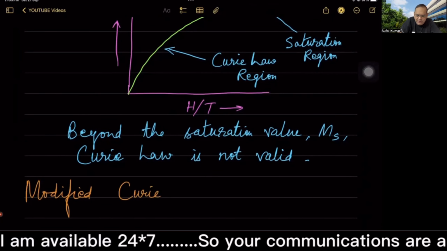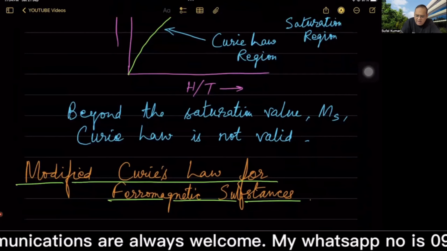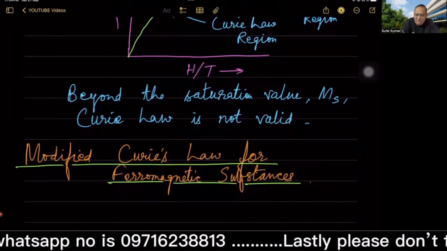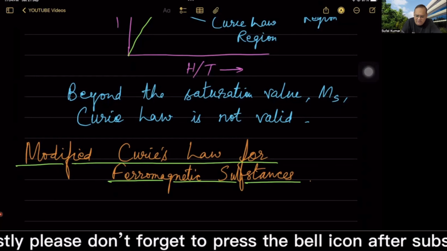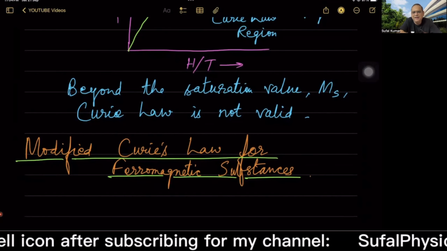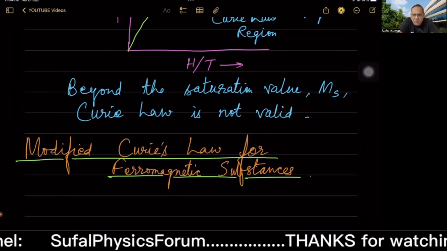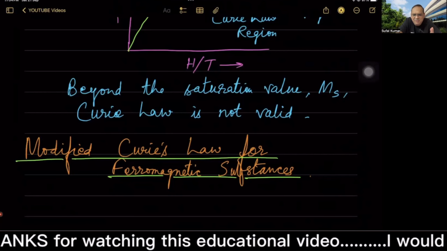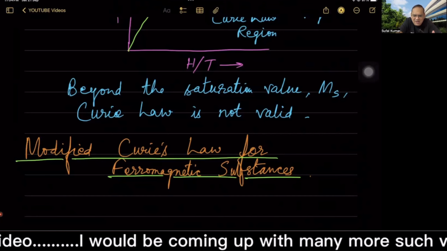Under this heading, we need to refer to one specific temperature, called the Curie temperature or Curie point. Let's discuss this first. And for your information, again, I wanted to mention the basic difference between diamagnetic, paramagnetic, and ferromagnetic.